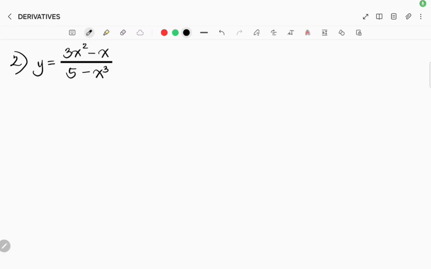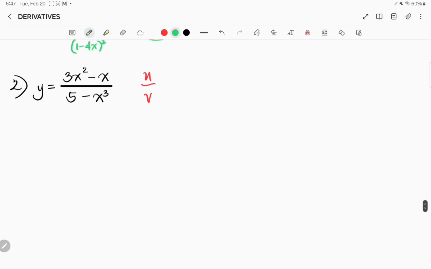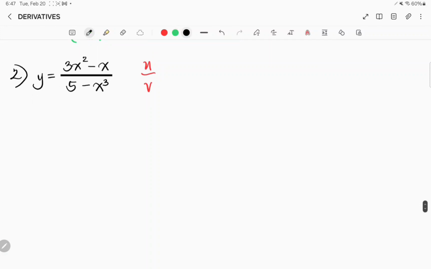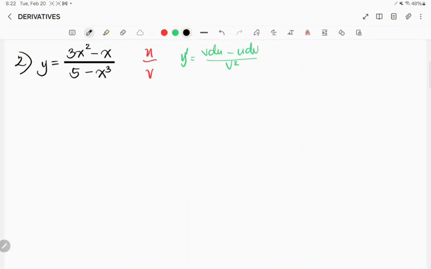In our second example, we have y equal to 3x squared minus x over 5 minus x cubed. So we have to set our u and v as u over v. So our formula is provided as y prime equal to v du minus u dv over v square.